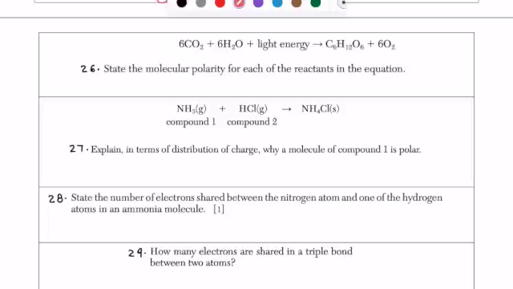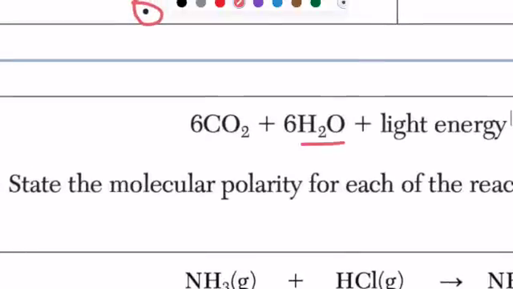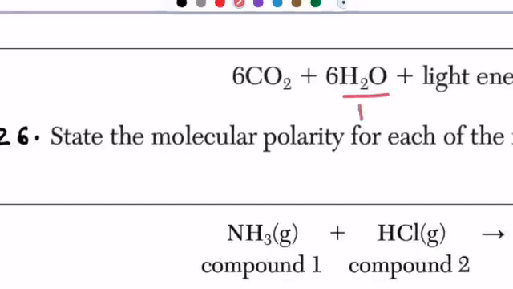So state the molecular polarity for each of the reactants in this equation. So hydrogen we drew earlier, so we do know that hydrogen is polar because it is asymmetrical. If you look at carbon dioxide, we have carbon here, 1, 2, 3, 4 valence electrons. And each oxygen has 1, 2, 3, 4, 5, 6. Now, technically, each oxygen should make 2 bonds to have a complete octet.